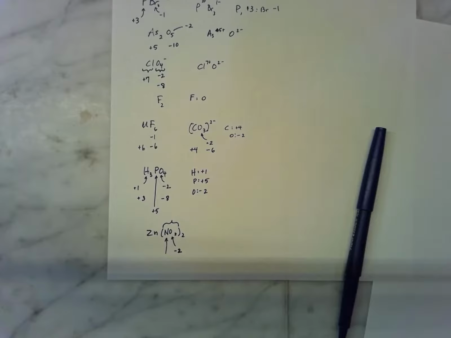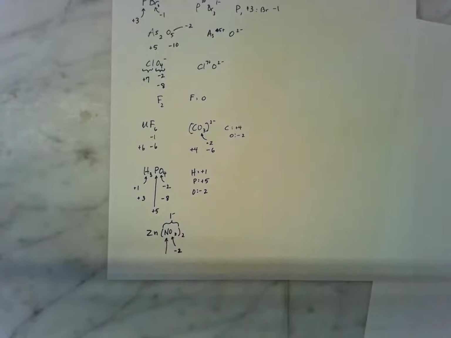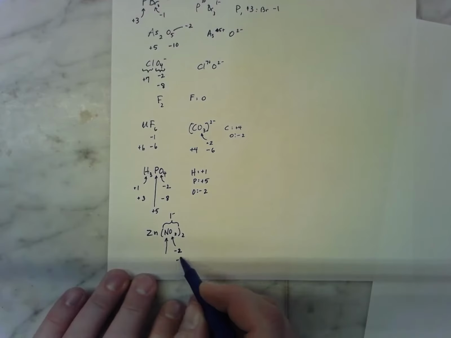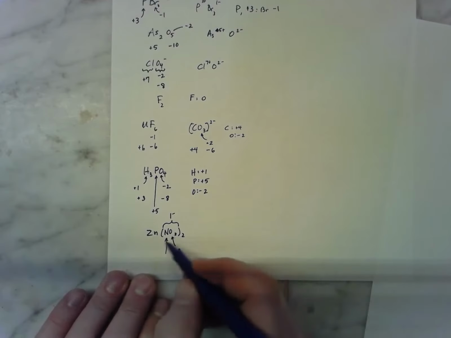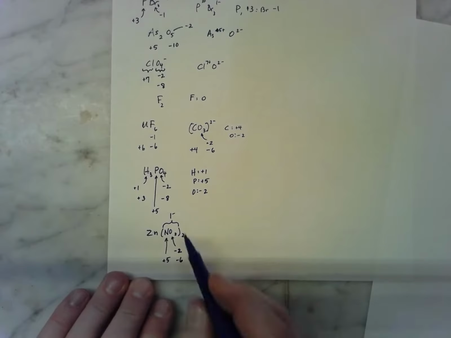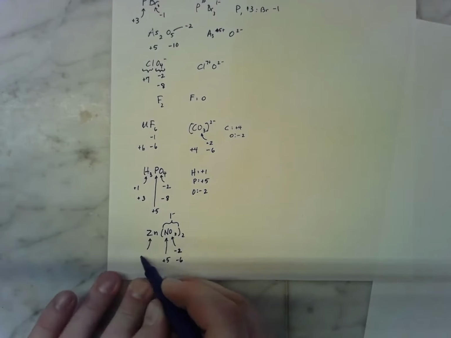NO3 takes a 1-. Okay, so what do we have? We've got -2. We've got 3 of those, so that's a -6. We want this to be a 1- overall, so nitrogen has got to be a +5. And then we've got 2 nitrates here, so zinc has got to be a +2.